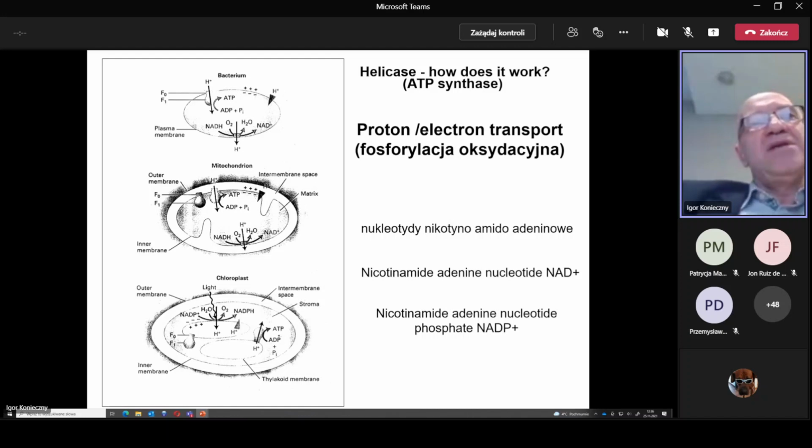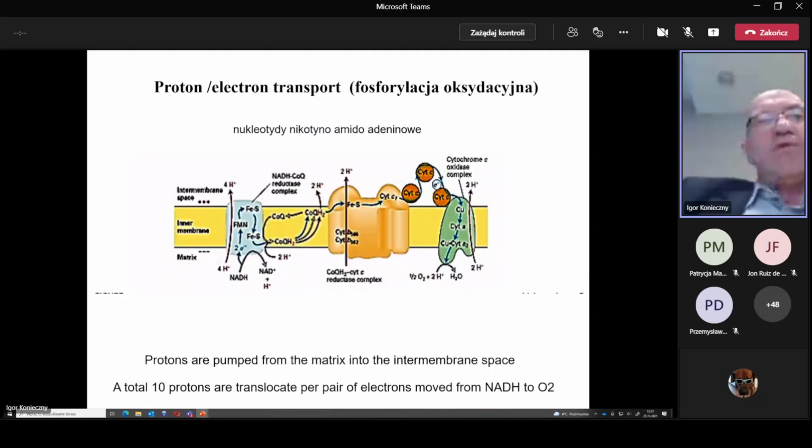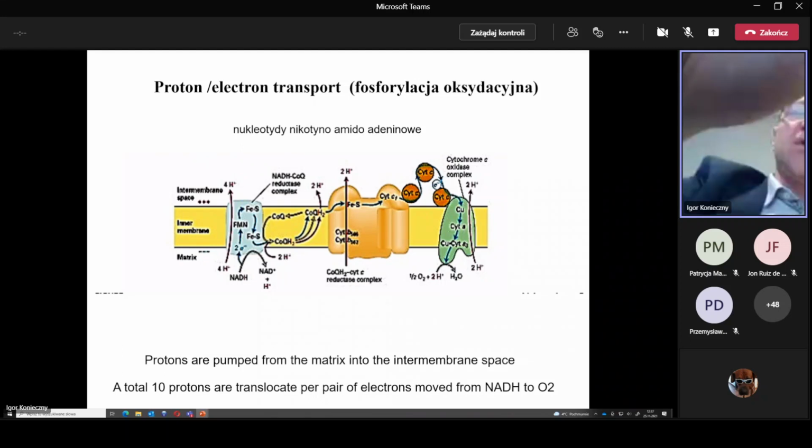And ATP synthesis is based on the proton and electron transport during oxidative phosphorylation, during the respiratory chain. So what happens in cells, mitochondria or bacterial cells, is that a proton gradient is formed due to transportation of protons outside the membranes.